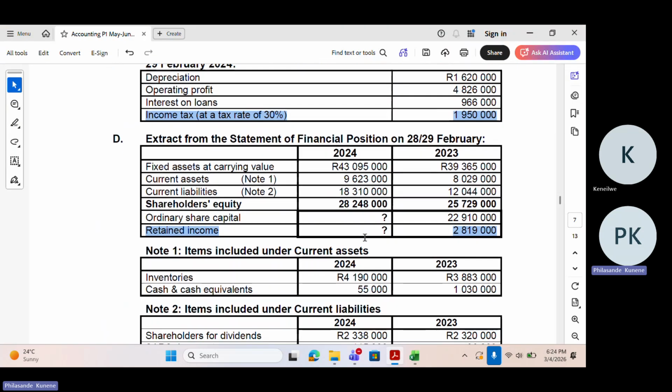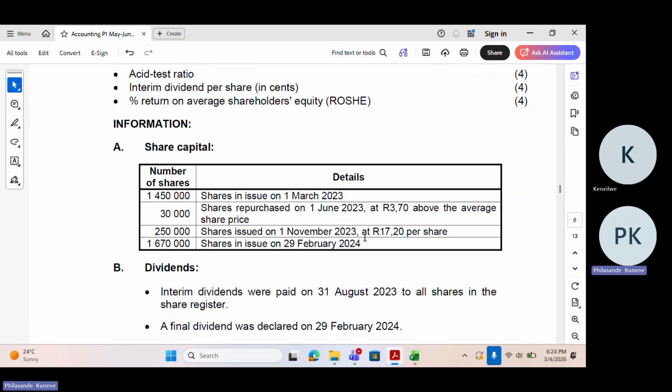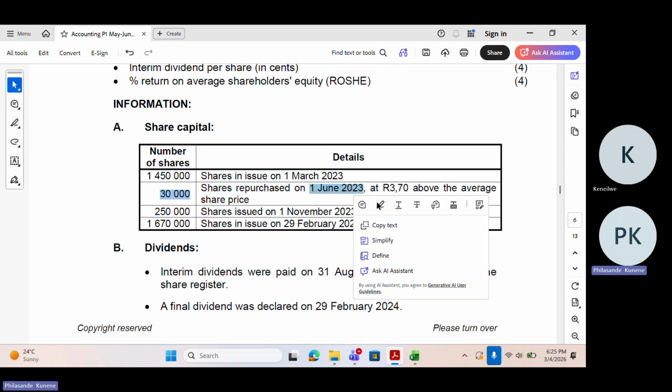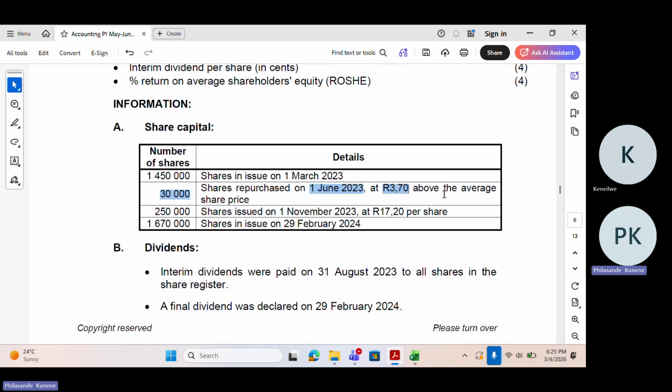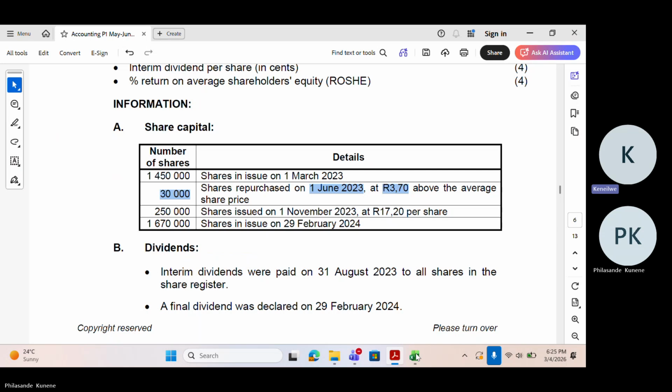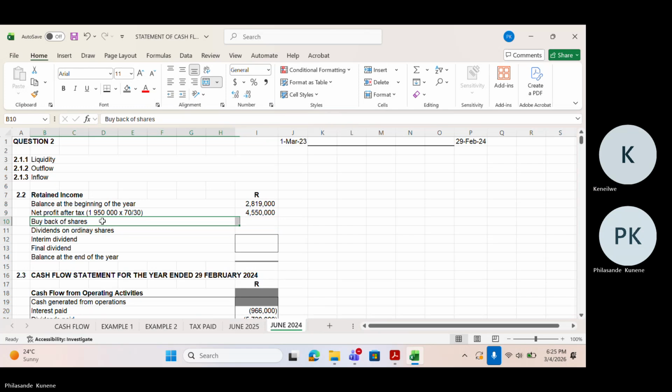Okay, did we buy anything in terms of the shares? Obviously, we did buy back some shares. There is 30,000 here. Shares repurchased on 1 June 2023 at R3.70 above the average share price. So how much am I going to record here as buyback of shares? 30,000 times R3.70. How much are we getting? 111,000. Yes, very good.